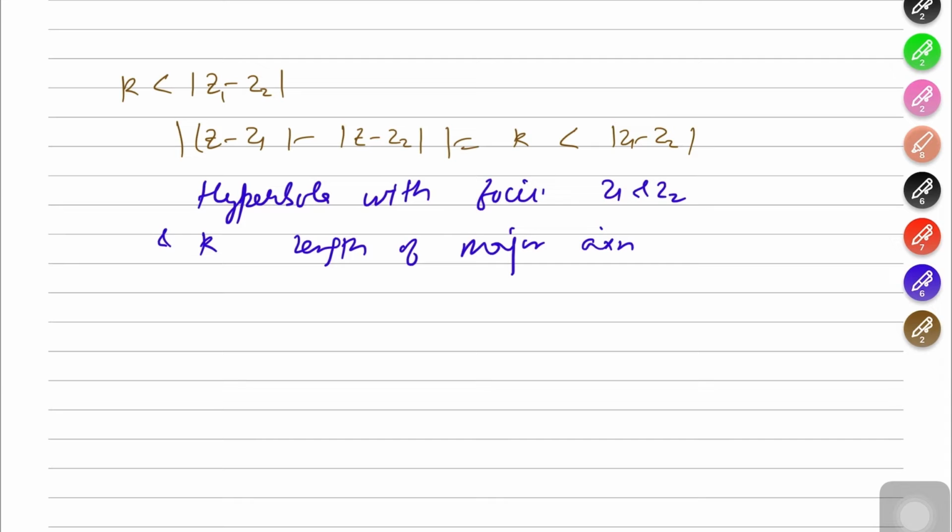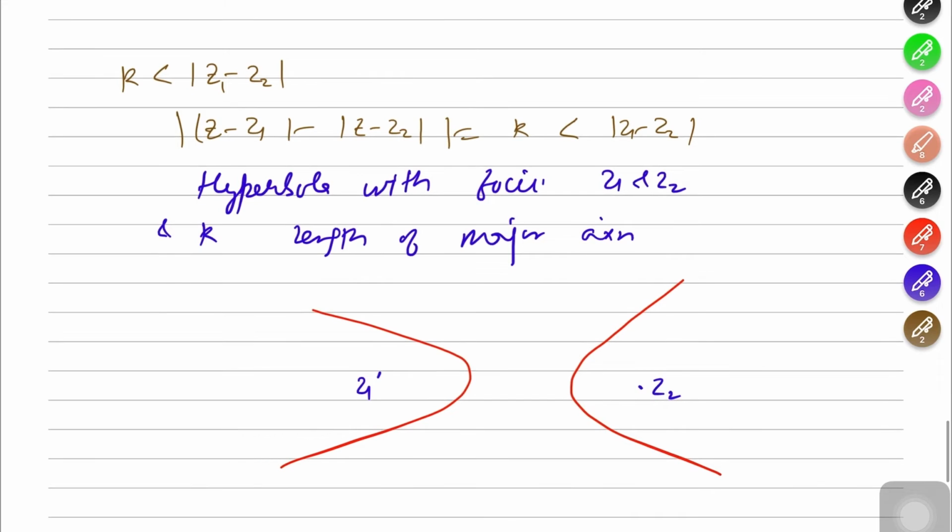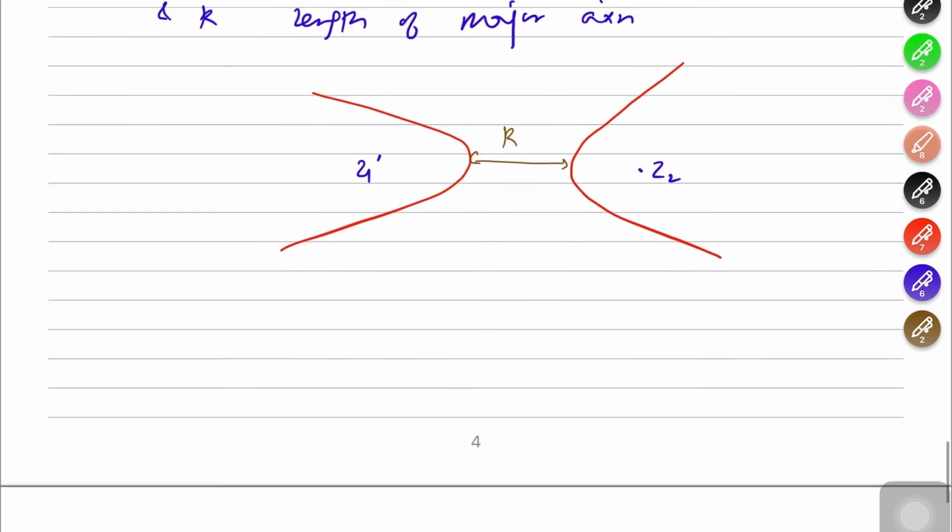So Z1 and Z2 are the foci of a hyperbola, and the length of the major axis is K. So this is the locus. In this case, K is less than mod of Z1 minus Z2, and the locus is a hyperbola.